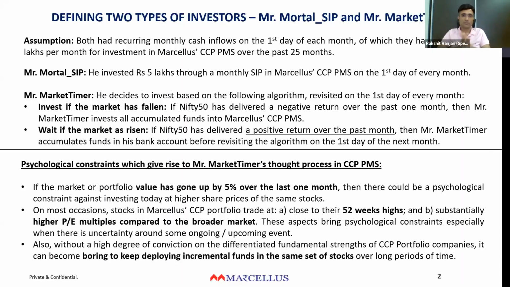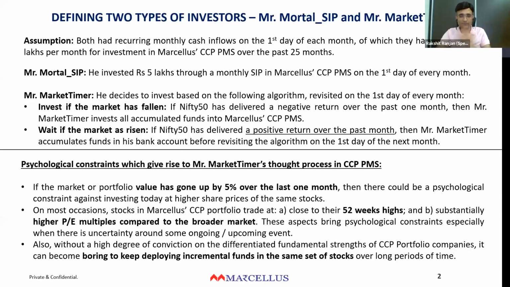A very similar quantum in the month of December. When the portfolio goes up by say 5-10% over a month, right, then there is likely to be a psychological constraint against investing incremental funds if you have the discretion, or if you are willing to take the discretion to delay and wait for a market crash, right?